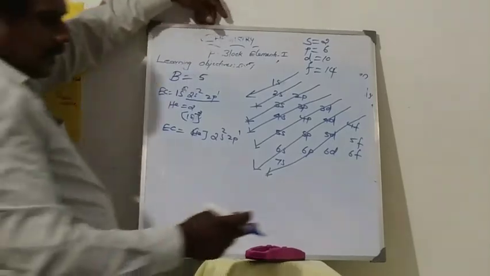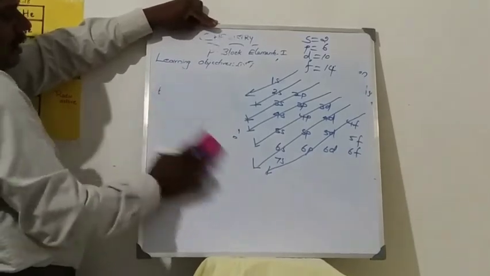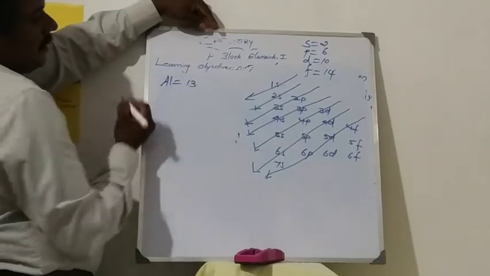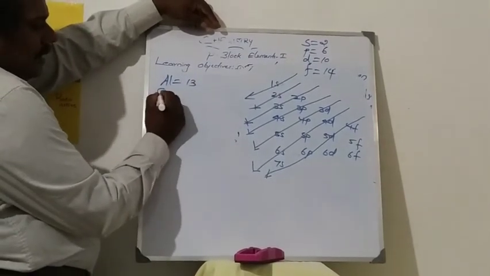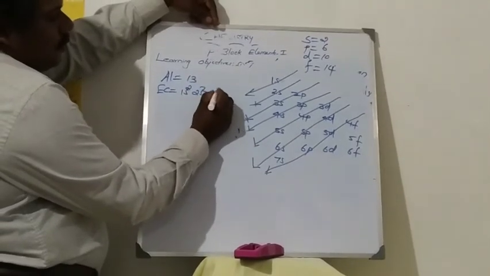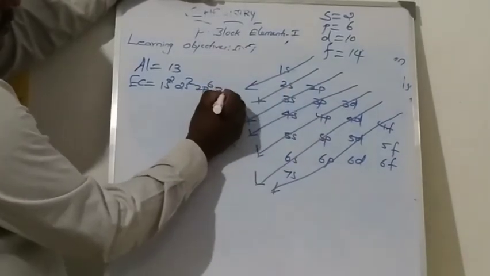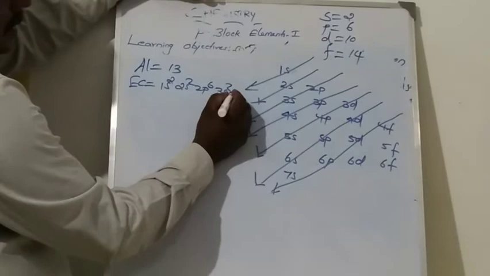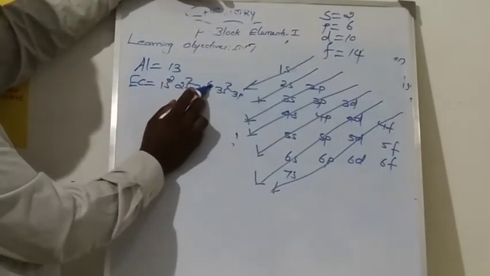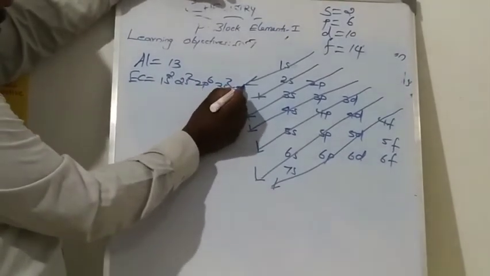And the second one is aluminium. What is the atomic number of aluminium? The atomic number of aluminium is 13. How will you write the electronic configuration? EC is equal to 1s2, 2s2, 2p6, 3s2, next one 3p1. Now count this: 2 plus 2, 4, 4 plus 6, 10, 10 plus 2, 12, 12 plus 1, 13.